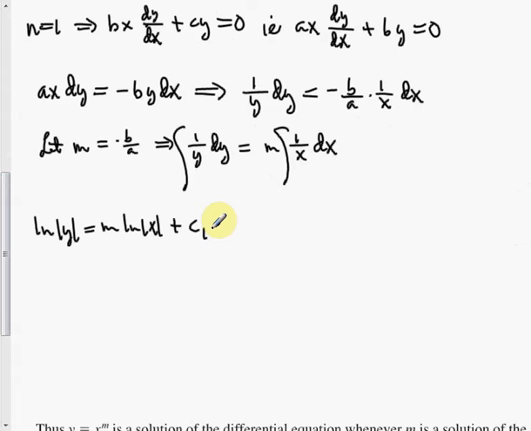If you exponentiate both sides, this gives us e to the natural log of the absolute value of y is equal to e to the natural log of x to the m times some e to the c sub 1.